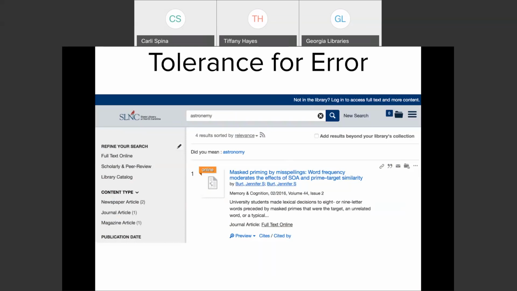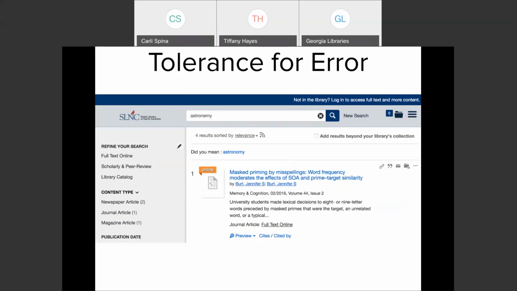And one of the things that I think is really great about the direction libraries are moving in is that we are changing a lot of our systems, things like catalogs, which is what this example comes from, so that they have a lot more support for people who might make errors. So here you'll see an example of a catalog where if you have a typo in your answer, much like Google, it's going to provide you with this "did you mean?" And I think that's a really great way to support our users where they are. It supports people who don't type well.